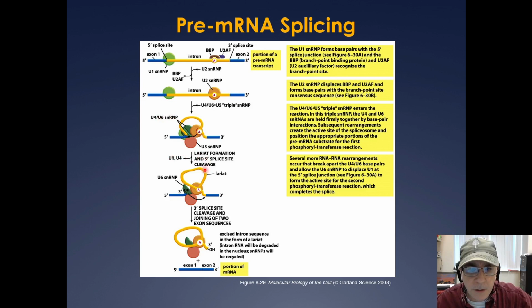Then you get another rearrangement, the Lariat forms, and ultimately the 3' end of one exon joins with the 5' end of the other exon, and the Lariat is released. We'll look at all of these steps a little closer right here.